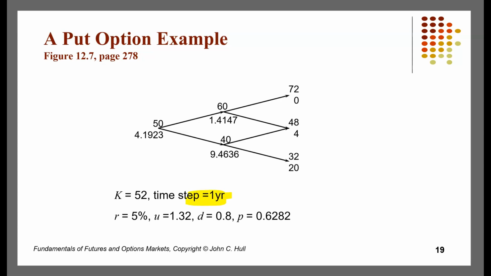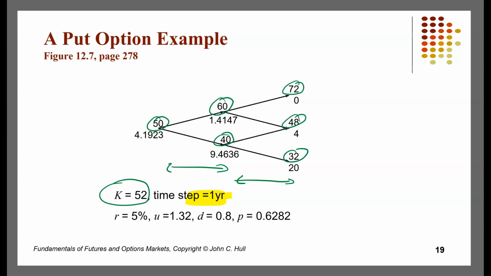So in this case, you're going to have 1 year here, and you're going to have another year. So this is essentially a 2 years put with the price today of 50, a strike price of 52, first stage 60 to 40, and then 72, 48, and 32.